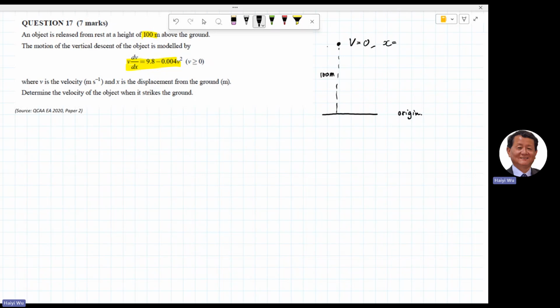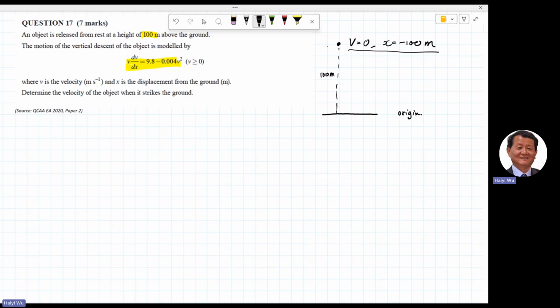the displacement, which is on the reverse side of the origin, so x equals negative 100 meters. This is the important condition to know.